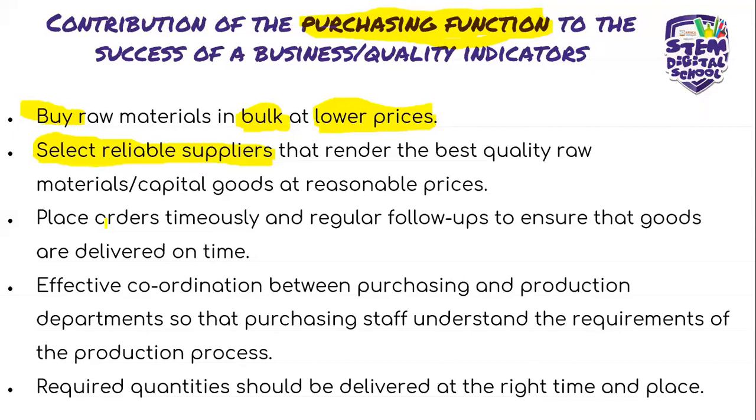You must also place orders timeously and regularly, with follow-ups to ensure that goods are delivered on time. There must be effective coordination between purchasing and production departments so that purchasing staff understand the requirements of the production process.